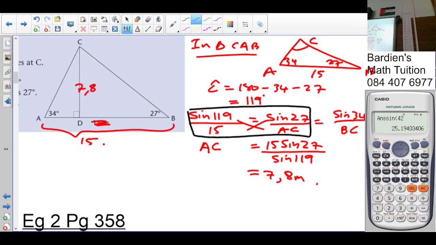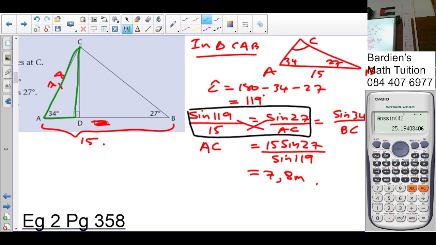So AC. Do I need to calculate CB? No, because at this point we have enough information to calculate CD.